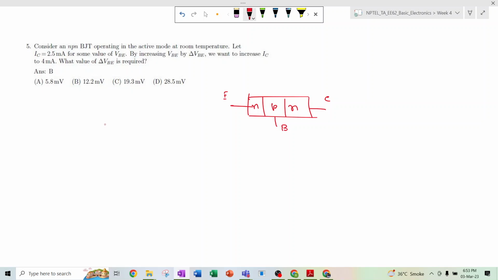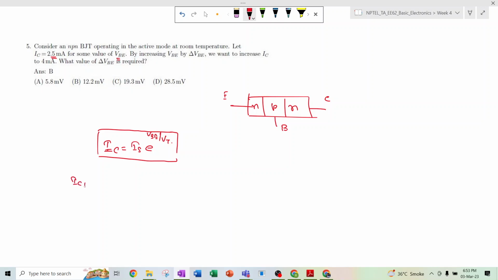So we want to increase IC. You have already seen in the lecture, it is described that IC can be written as this saturation current into e to the power VBE divided by VT, right? So this IS is called as a saturation current. So whatever the input voltage we are applying, IC can be written like this. Now it is told that the IC value is 2.5 milliampere for some value of VB, say VB1.